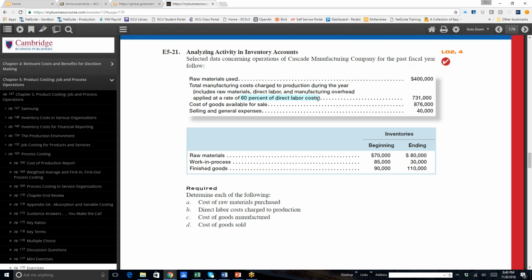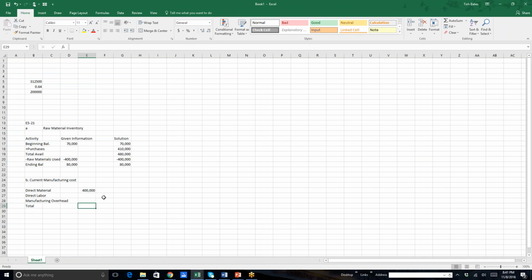So we have to find direct labor, and we also know that the total manufacturing costs are the 731. Okay, so we have to pull out the knowns. All right, in these problems. Okay, so we know this is 731. Okay, we know that this is 60%. Right.